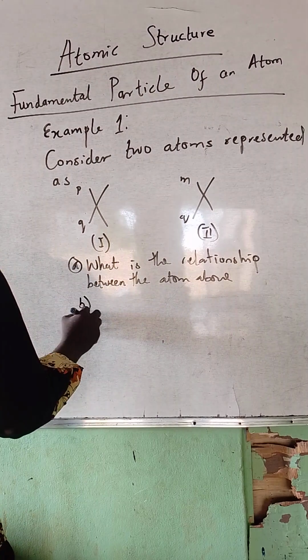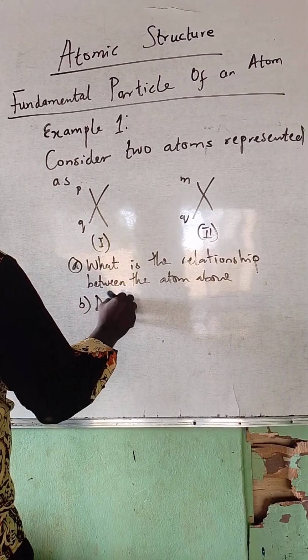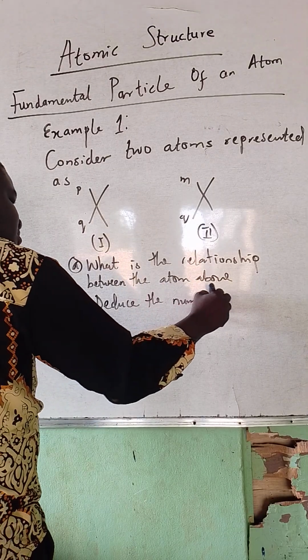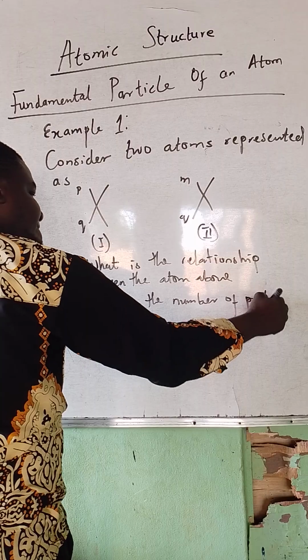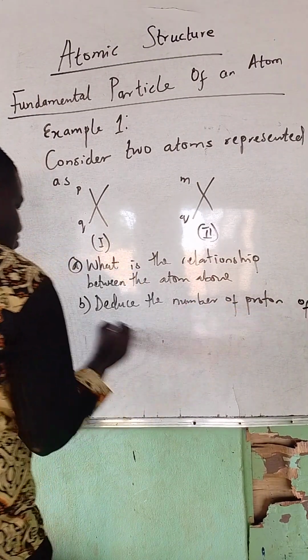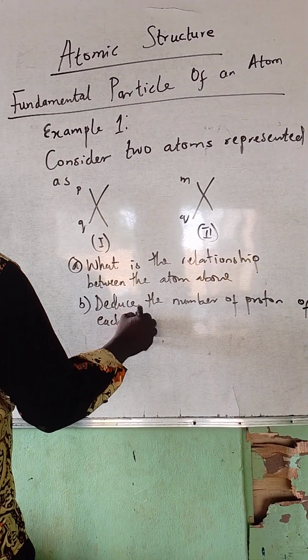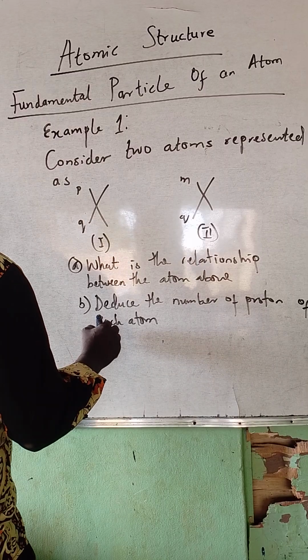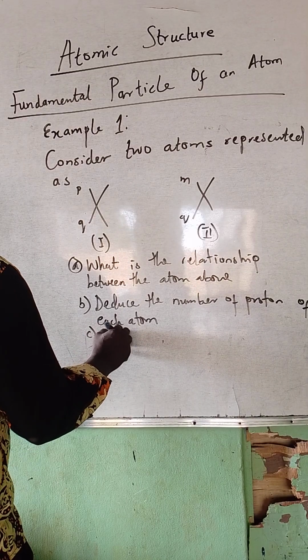You can also say B, deduce the number of protons of each atom. C, what is the mass? What is the number of neutrons?